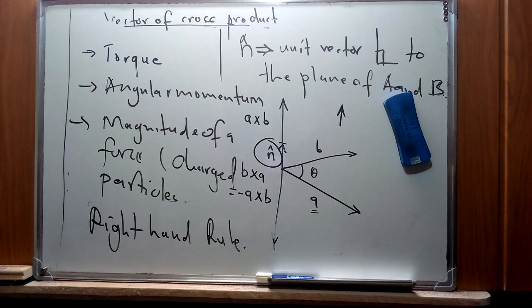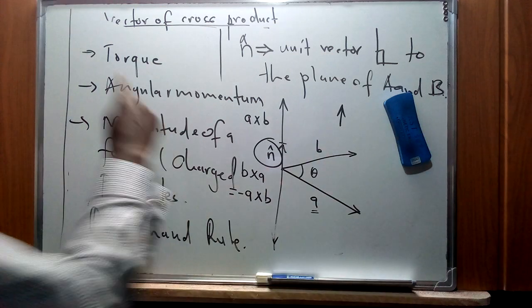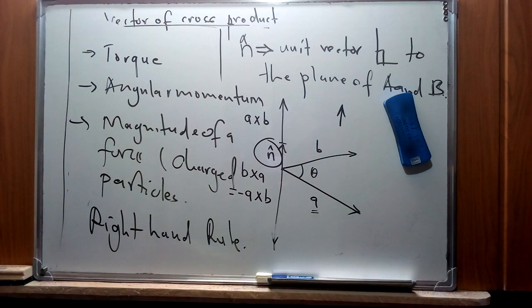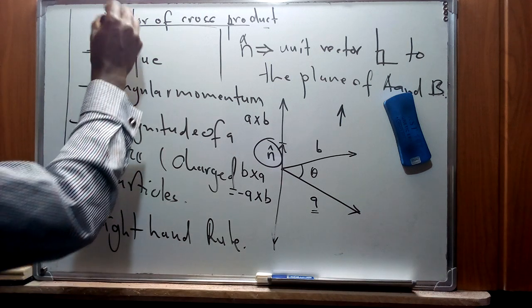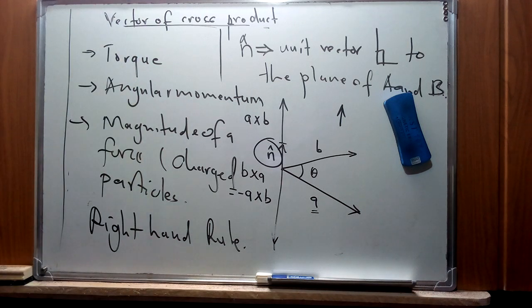So whenever we are trying to talk about the right hand rule, which I've said is going to be applicable in this specific field, one of the essential parts, or maybe the application of these vectors of cross product, is trying to find quantities of the direction of those specific aspects I've mentioned on the board.